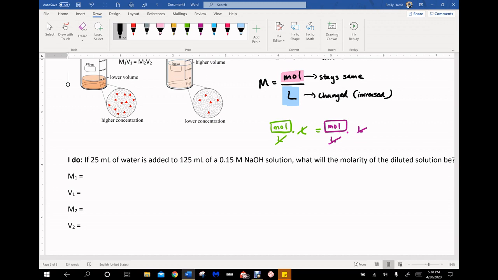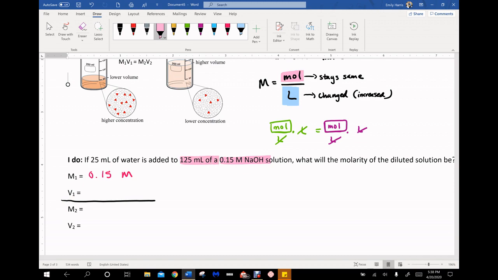Okay, so let's start just like we did before by listing out our variables. First of all, let's search for our starting molarity. They tell us that we're beginning with a 0.15 molar sodium hydroxide solution. Now we need to figure out the volume of that solution that we're starting with. If we read carefully, it says if 25 mLs of water is added to.